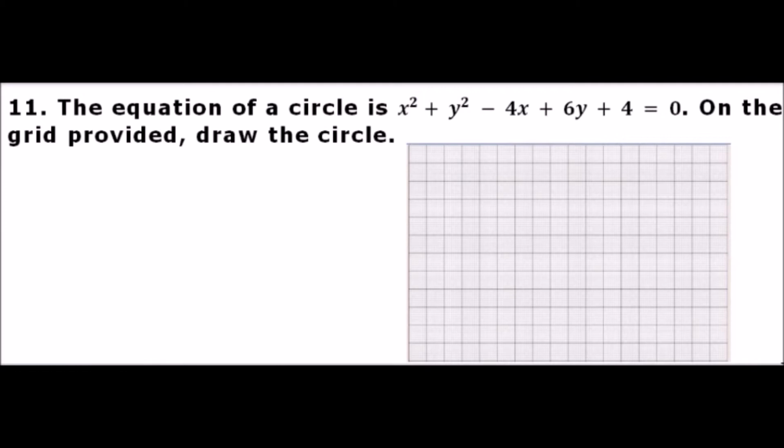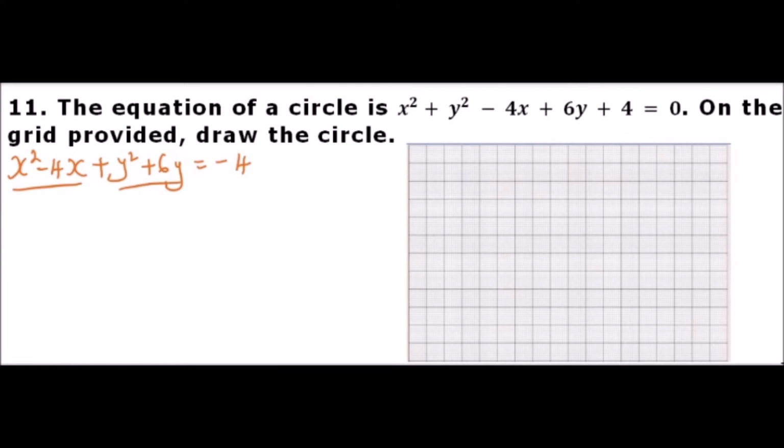So here we need first of all to identify the center of the circle and the radius of the circle, and we do that by writing our equation as x squared minus 4x, then plus y squared plus 6y. We take 4 to the other side, it becomes minus 4. So we make this expression a perfect square.